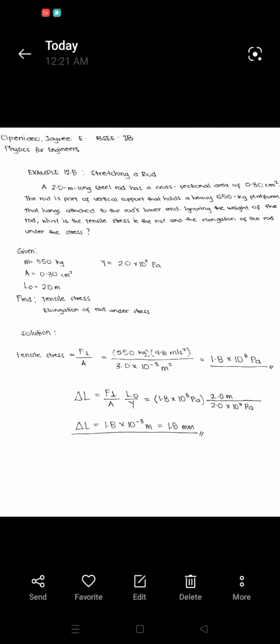So we all know that the force over area or the tensile stress is equals to 1.8 times 10 raised to 8 Pascal. Then the value of the original length is 2.0 meter over the value of the Young modulus of steel, which is 2.0 times 10 raised to 11 Pascal. So our change in length is equals to 1.8 times 10 raised to negative 3 meter or 1.8 mm.